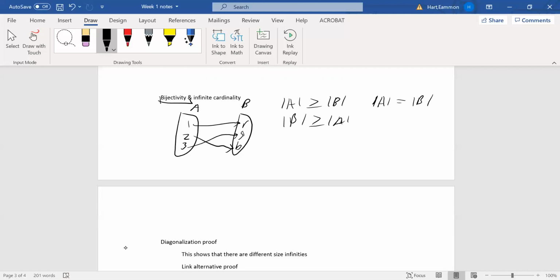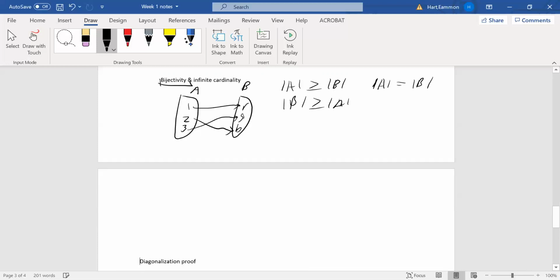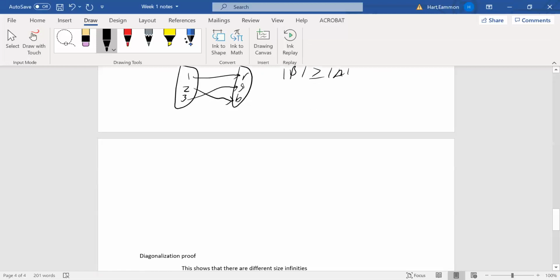In the finite case, that's pretty easy to see here. But in the infinite case, that gives us some weird results.